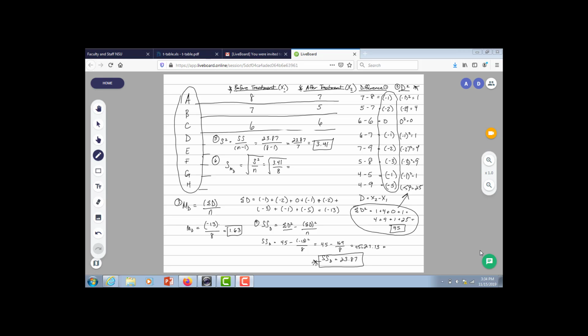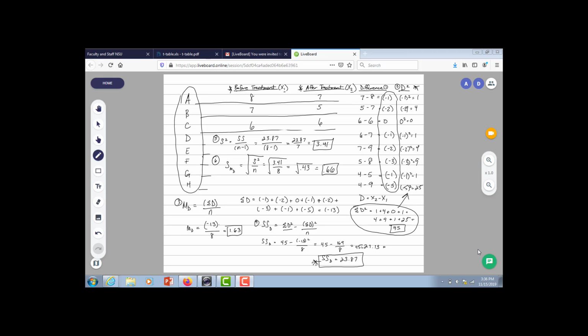And once we do that fraction out, we end up with 0.43. We still need to take the square root of it. And finally, when we take the square root of 0.43, we end up with 0.66. This is our standard error of the mean difference.